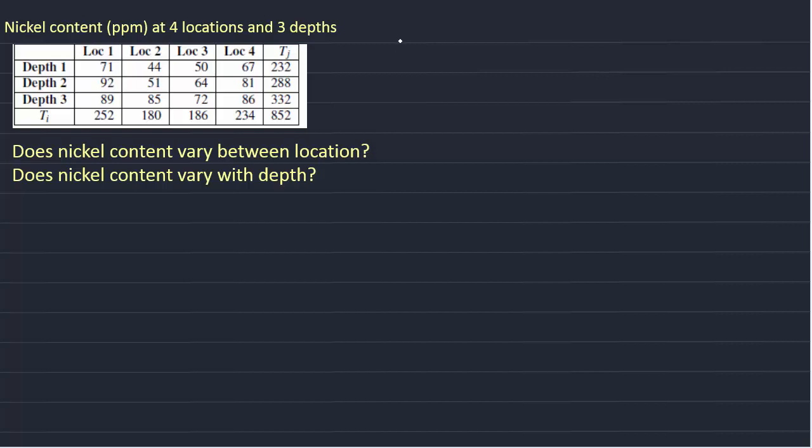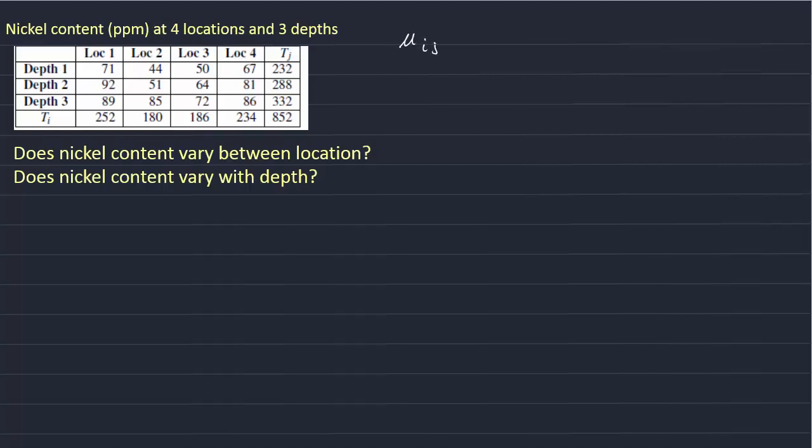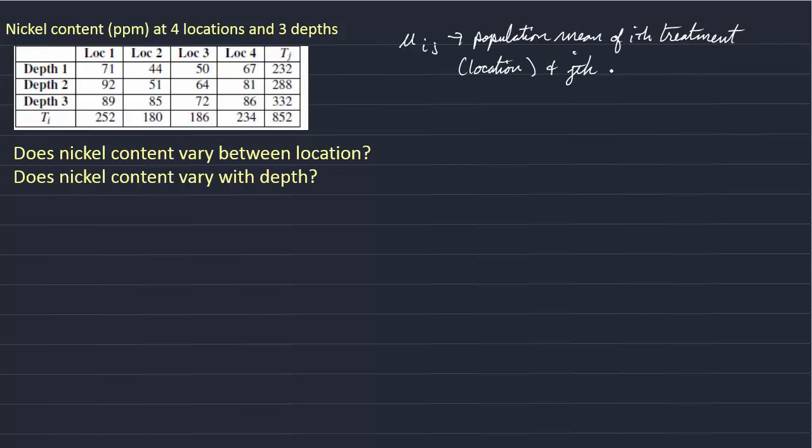And so let's define some quantities. So mu sub ij is the population mean of the ith treatment, which in this case is location, and the jth block, which in this case is depth.